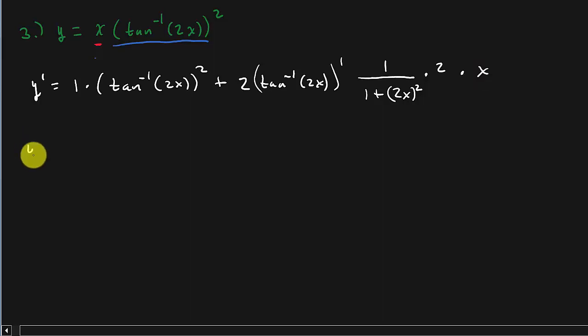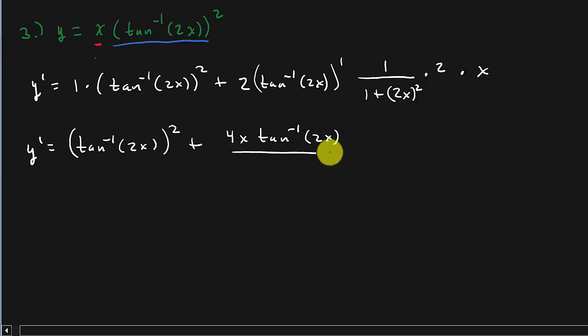So let's see, we've got y prime is inverse tan 2x squared plus, so that's going to be 2 times x, so that's going to be 4x inverse tan 2x over 1 plus 4x squared when we square that.